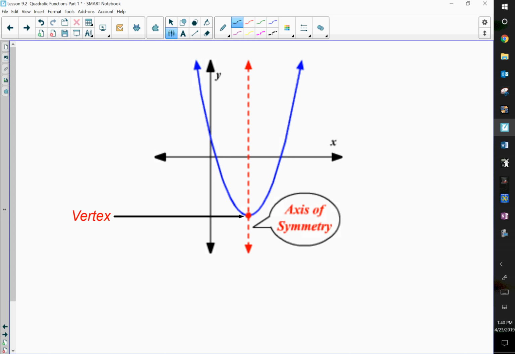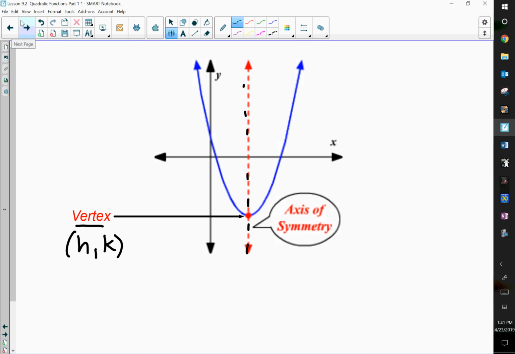It's this vertical line that passes right through the middle of the parabola. At the very tip, at the bottom, or at the top of the parabola is a point called the vertex, and we had defined the vertex before as the coordinate (h, k).